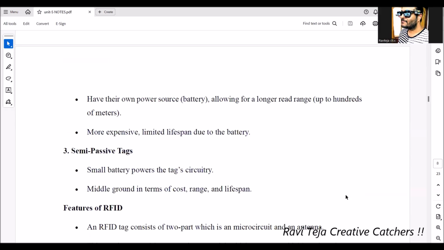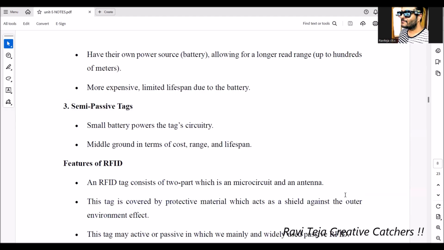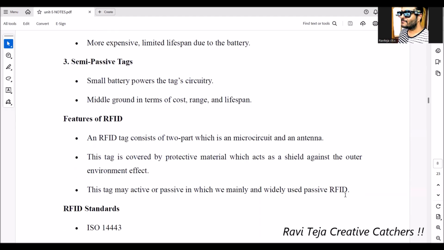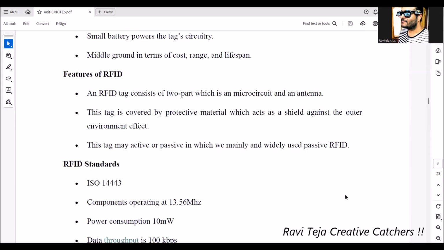And we have some semi-passive tags. Okay, small, but you can also go through all these things. And features of RFID, of course, they come with small microcircuits along with the antennas, and they involve the tags, which I have already discussed.